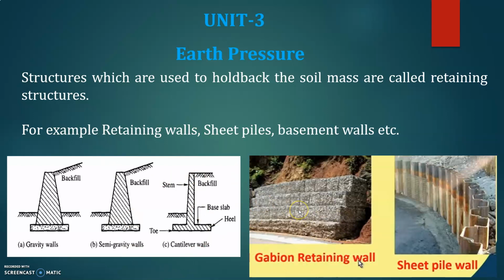It is made with a wire mesh, and this wire mesh is filled with bigger sizes of soil, that is gravel and boulders. Then they are interconnected with each other, so it looks like a box. And this is the sheet pile wall. Here you can see thin sheets, and they are interconnected with each other.